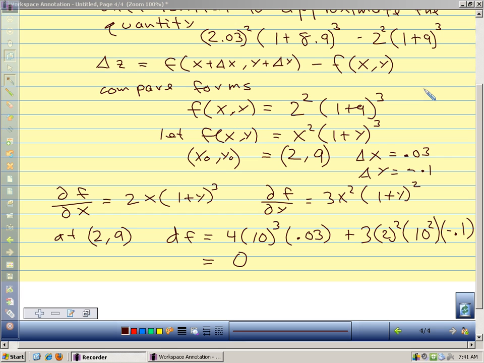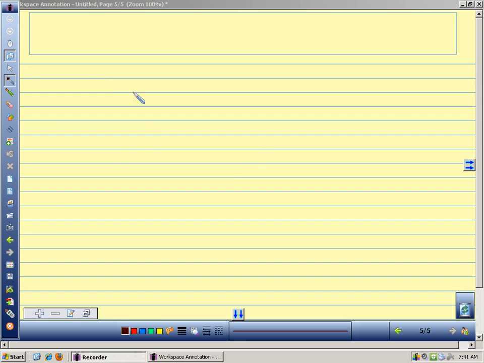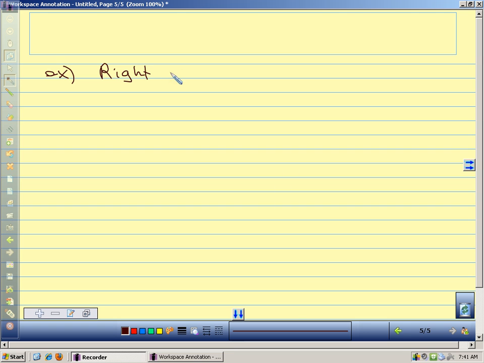All right, let's look at one error analysis problem, and then we're done. Questions? Okay. So in this example, we have a right circular cone.